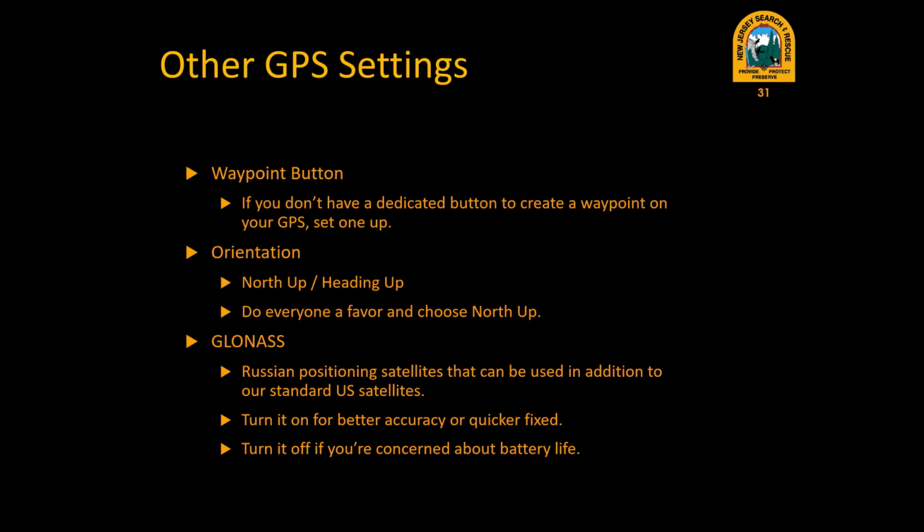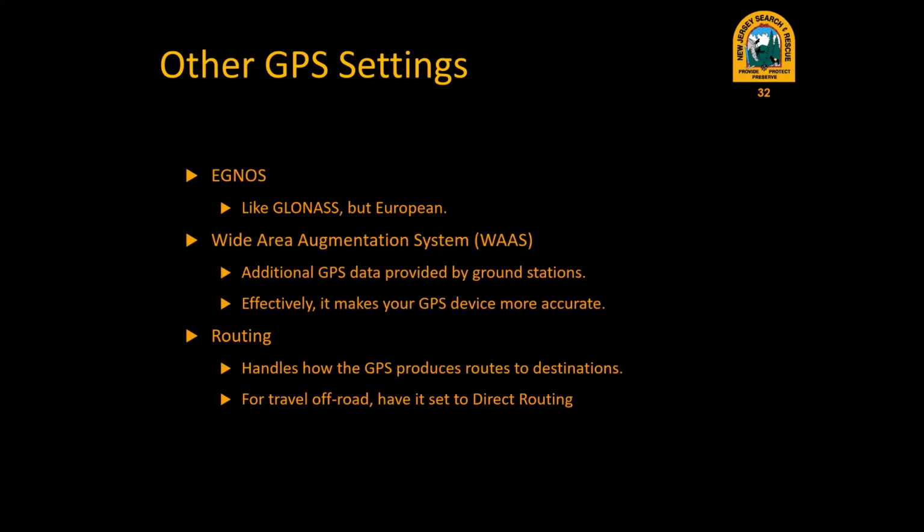Turning it off will save battery life. So it's kind of a trade-off. Usually the battery consumption on this is minimal. So unless you're running very low on batteries, it makes sense to turn this on if you have the option to use it. EGNOS is similar to GLONASS, but it's European and not Russian.